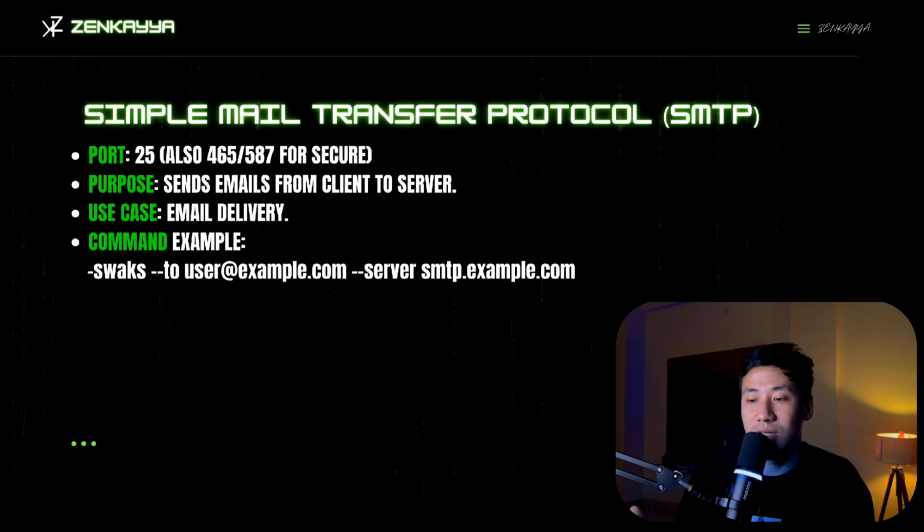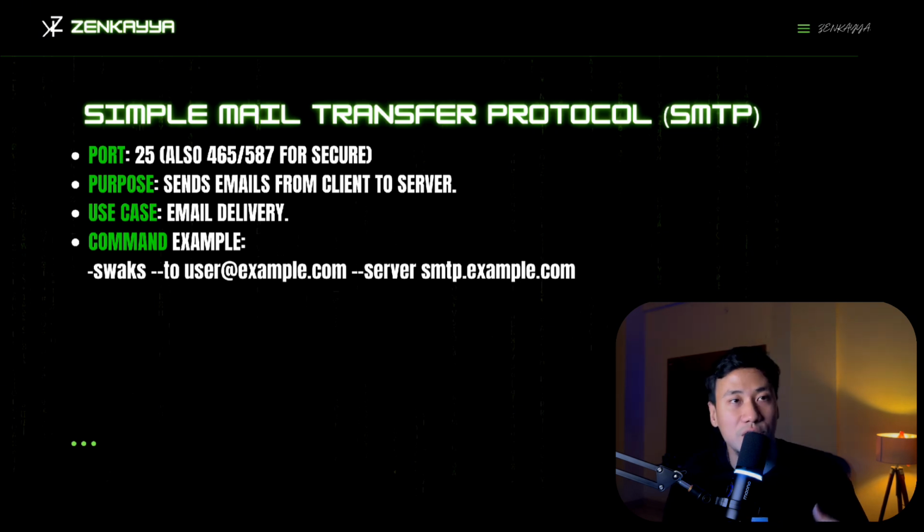So the last one is Simple Mail Transfer Protocol, SMTP, used for sending email from client to server. Which port number? 25. This is used by all the software or applications of email, Gmail, let's say, all those users. Port number 25. Use case: email delivery.